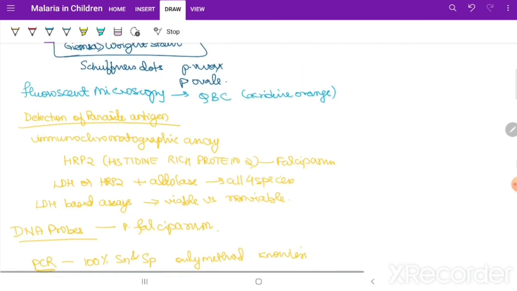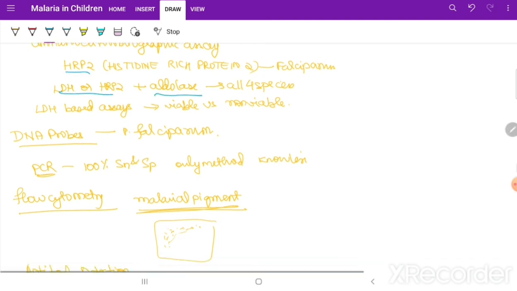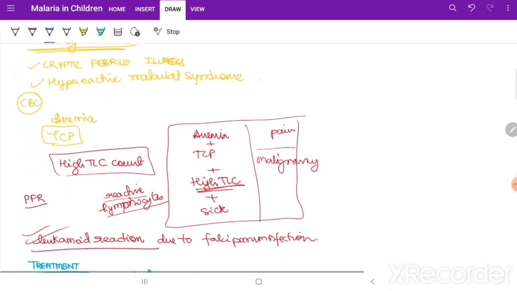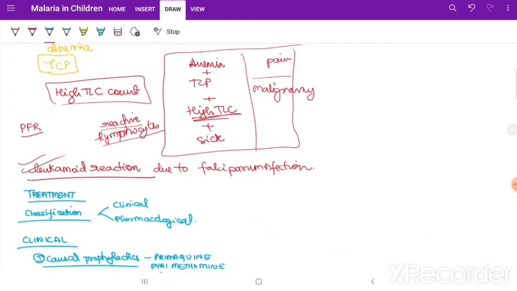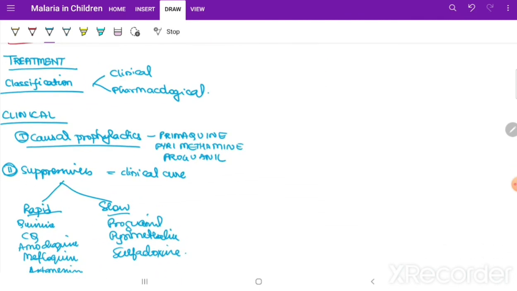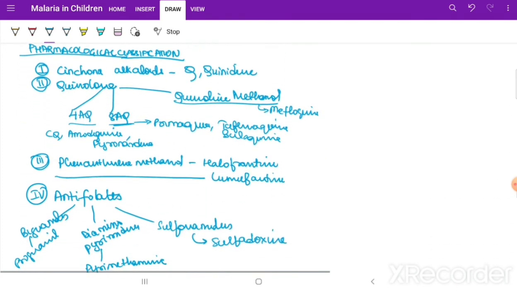And you need to remember about the antigen detection and what are all the antigens we are using. And then the DNA probes, PCR, flow cytometry use, antibody detection, and I mentioned this personal experience of leukemoid reaction which you have seen. And in treatment we have classified the drugs first in clinical classification, and pharmacologically as well.